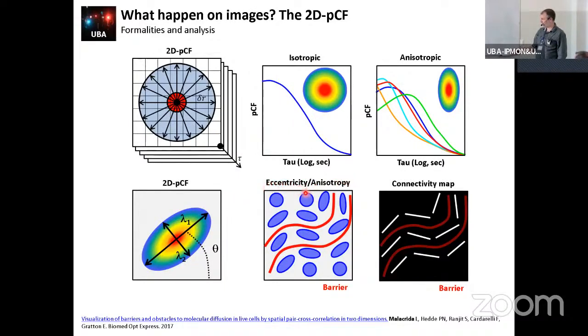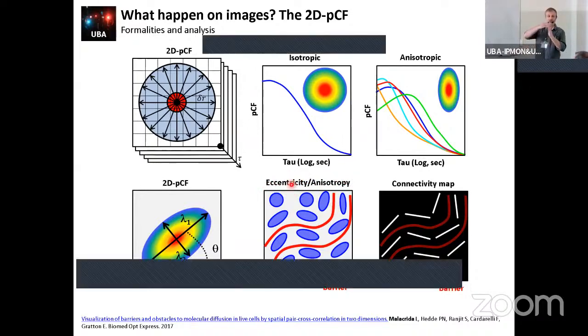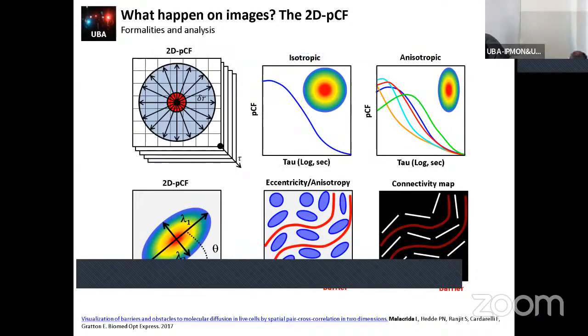I think I will show the calculation here, but basically it is the long axis with respect to the short one, and anisotropy is one way, and eccentricity is another way to do it. But if you think conceptually, we have like a pipe here, a tube where the molecule cannot get out.